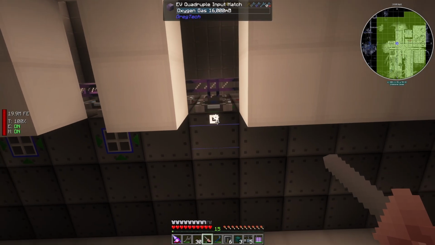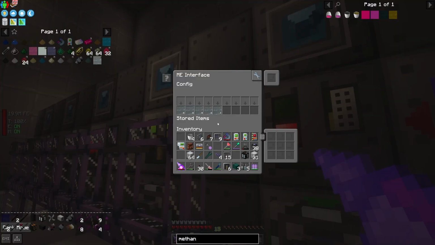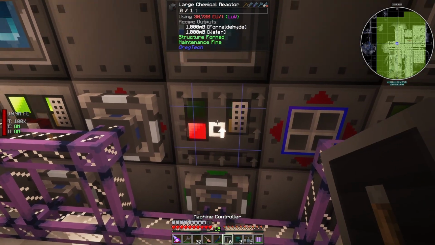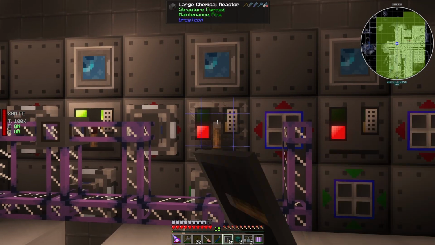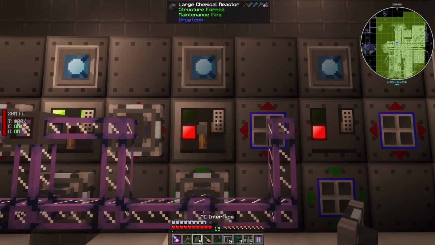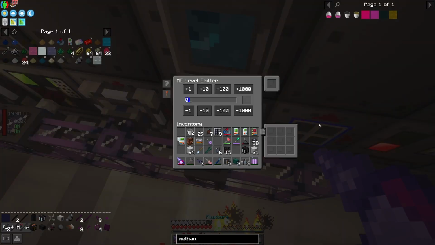Methanol. Boop. All right, you're happy. Now, the question is, I didn't get the formaldehyde. I will fix that. Meantime, boop. Formaldehyde.